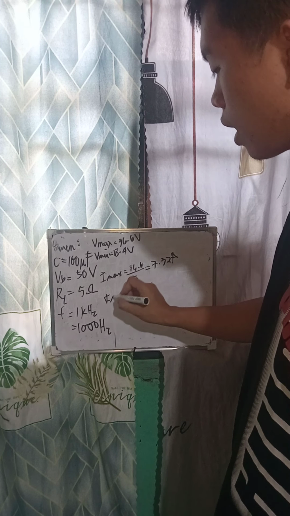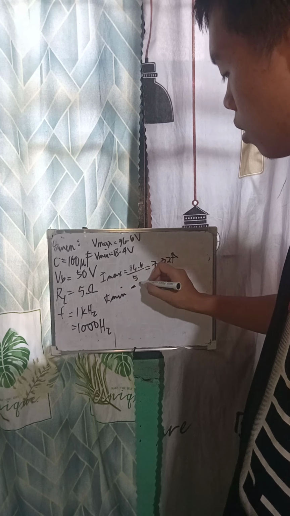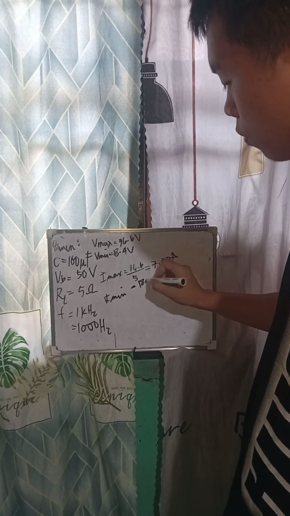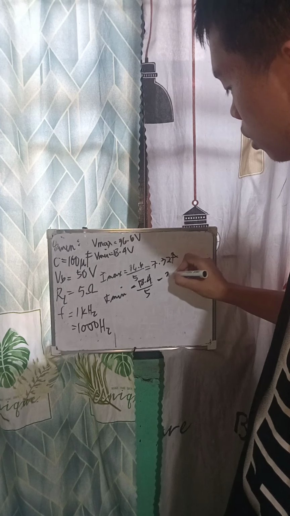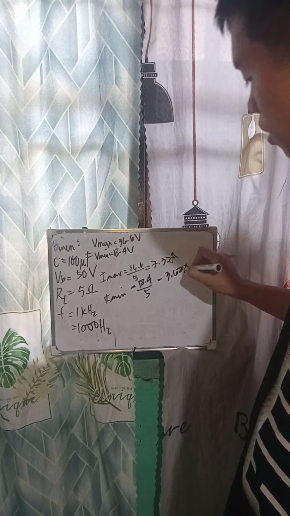And then the I minimum is 18.4 divided by 5, which is equal to 3.68 amperes.